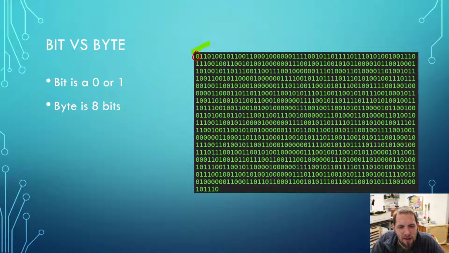However, sometimes we'll get into some inverted logic, where a 1 is actually a false and a 0 is actually a true. So it really stinks that there are so many different options here, but that's just the way the game goes sometimes. Anyway, a single bit is a 0 or a 1.